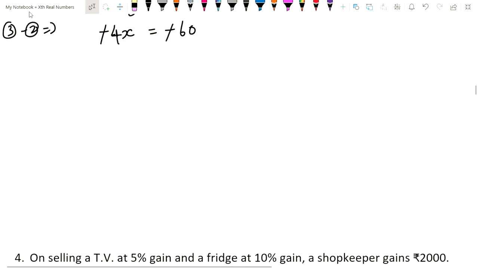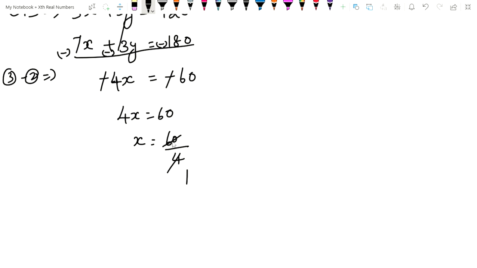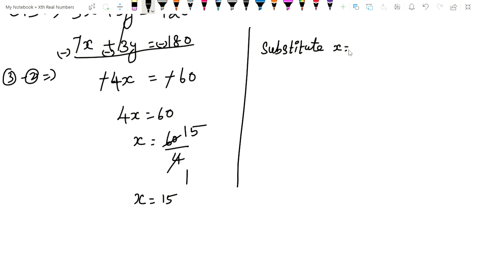So 4x equal to 60. x equal to 60 by 4. 4 ones are 4. 4 ones are 4. Remaining 20. 5 fours are 20. So x equal to 15. Substitute x equal to 15 in equation 1.